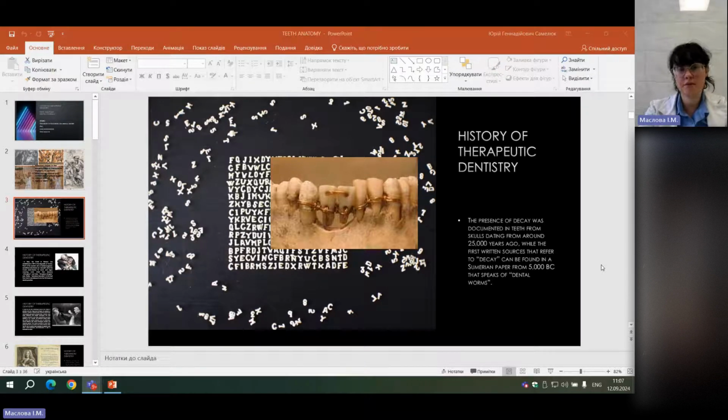The presence of decay was documented in teeth from skulls dating from around 25,000 years ago, while the first written sources that refer to decay can be found in a Sumerian paper from 5,000 BC that speaks of dental worms. You can see the ancient types of dental treatment.